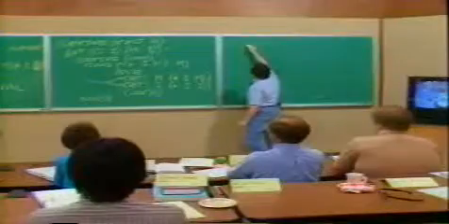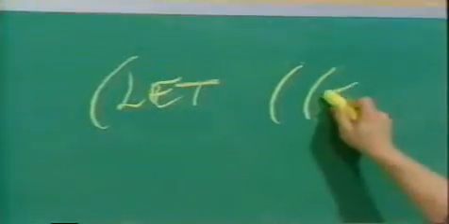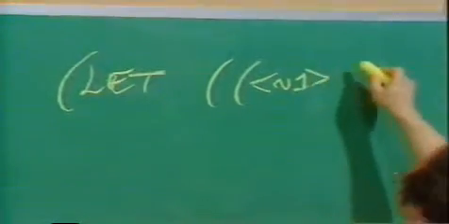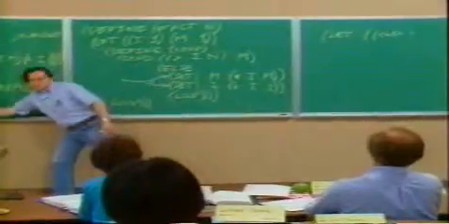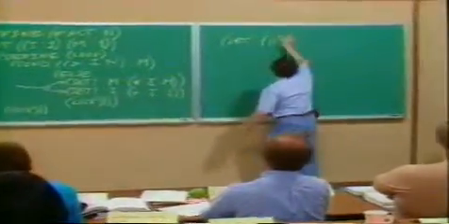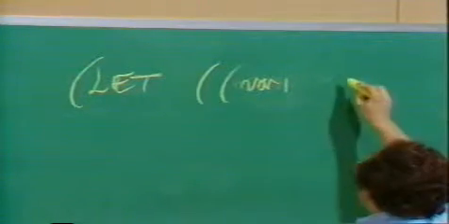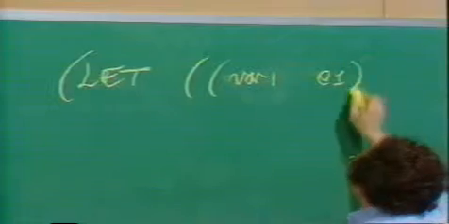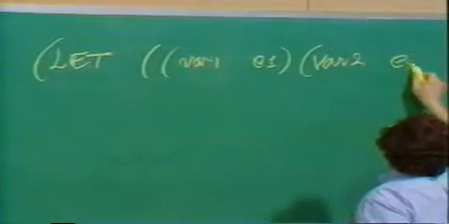Let does nothing more. Let a variable 1 to have value 1. Let me write this down a little bit more neatly. That's right. Var 1 have the value of expression E1, and variable 2 have the value of the expression E2.